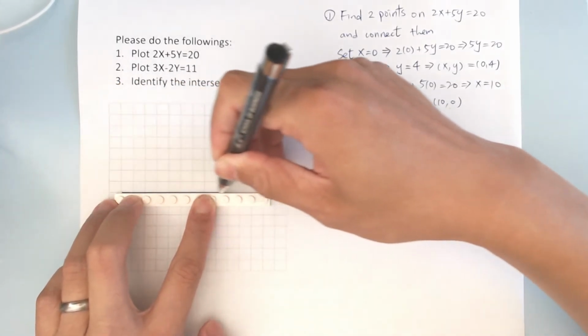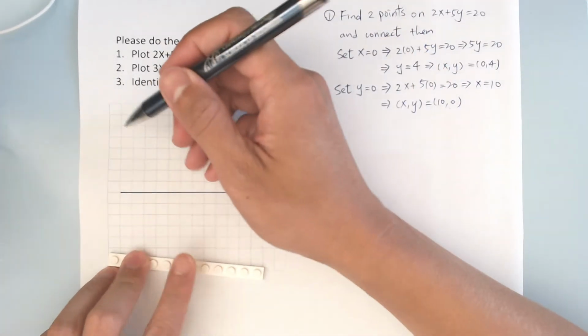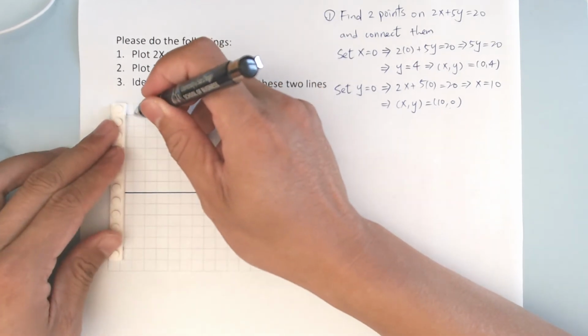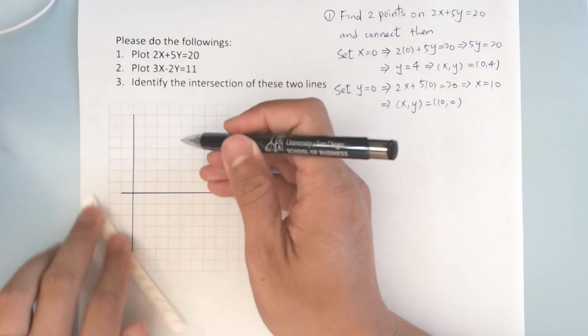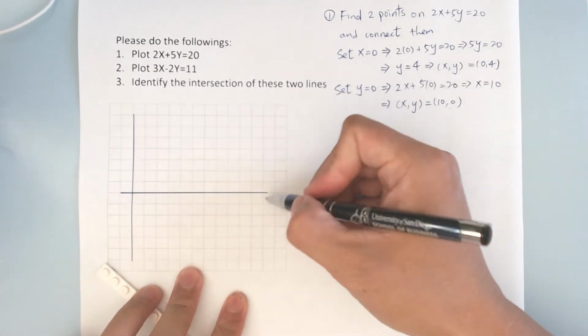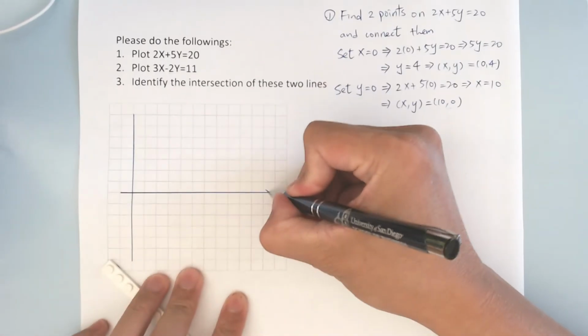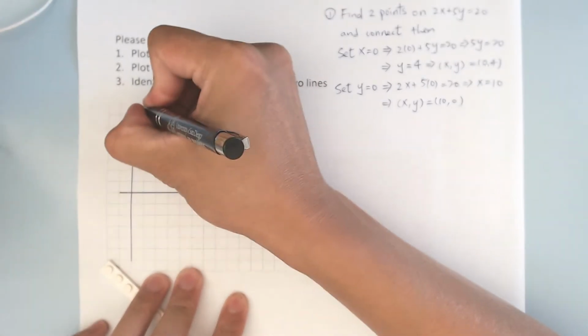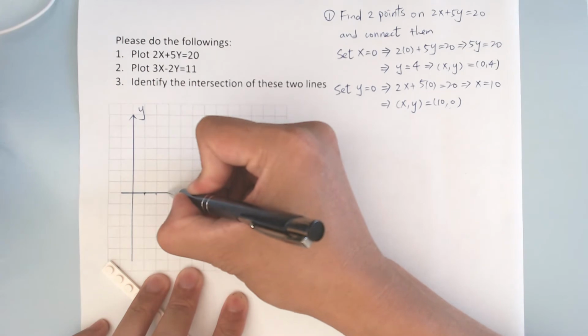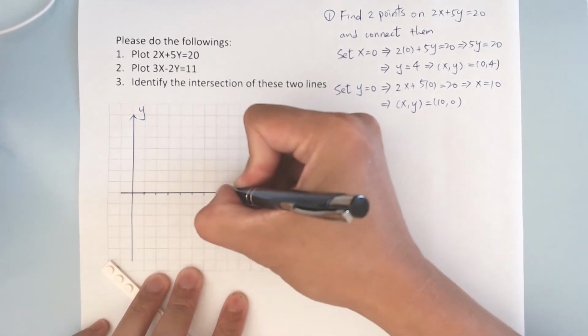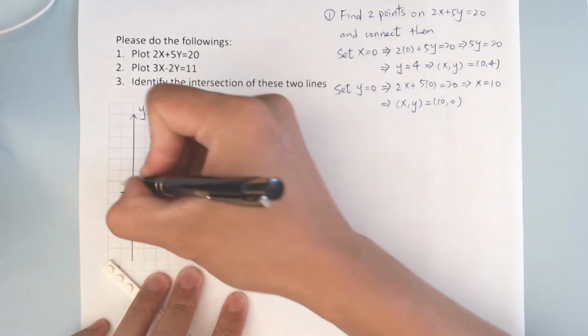So I have my ruler here. When you graphically plot lines or anything, you want to make sure you have pretty accurate lines and marks. So this is x, this is y. First of all, every mark here represents 1.